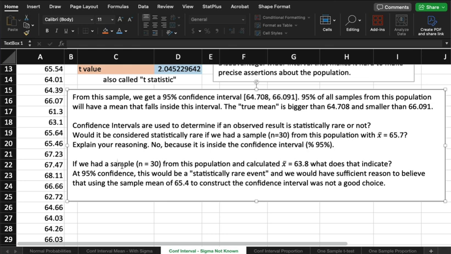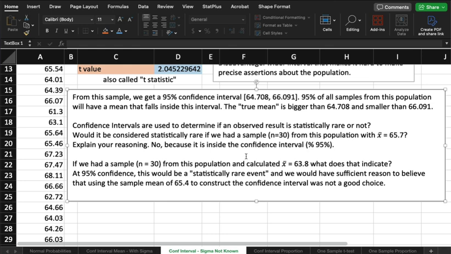However, if we took a sample of size 30 from this population at random, just one sample, and calculated x bar and we got 63.8, what does that indicate to us then? Well, with 95% confidence, this would be considered a statistically rare event. And we would have sufficient reason to believe that perhaps the sample mean of 65.4, the previous sample that we used to construct the confidence interval, might not have been a good choice.